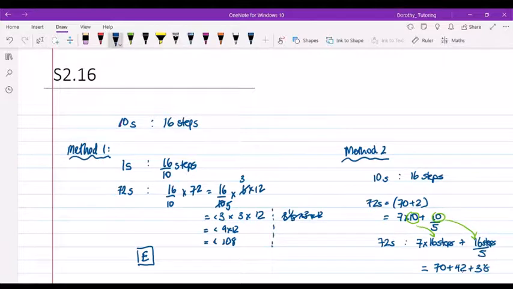So I'm working it out there. And a fifth. So let's just add that up. And the answer you'll find is 115, which is exactly E.